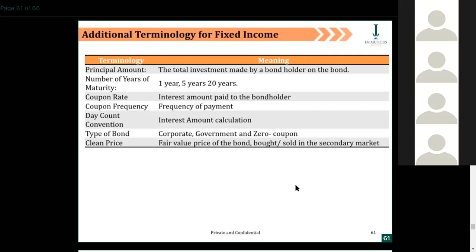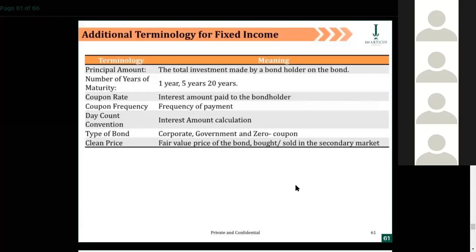Coupon rate is the interest amount paid to the bondholder. Coupon frequency means how the payment is made: quarterly, semi-annually, or annually. Day count convention, as we discussed, is how the payment calculation would be done. The four day count conventions that we discussed are actual by actual, actual by 365, actual by 360, and 30 by 360.